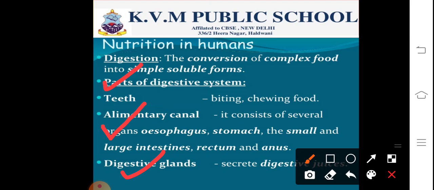So the human digestive system basically comprises the alimentary canal, which is a long tube with muscular walls, and the various digestive glands that open up to secrete their respective digestive secretions.